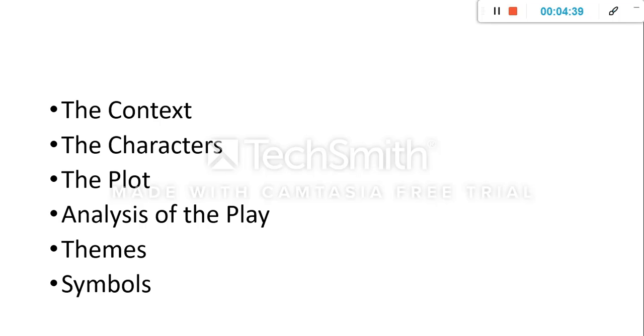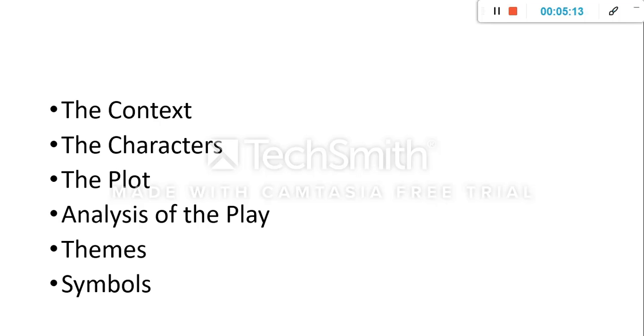So we will analyze both the events and the characters, and then we are going to study the main themes in any one of these plays, the main ideas or the lessons that we learn from any one of these plays. Finally, the symbols, the motifs, and any other literary elements that can be found in the play will be explained.